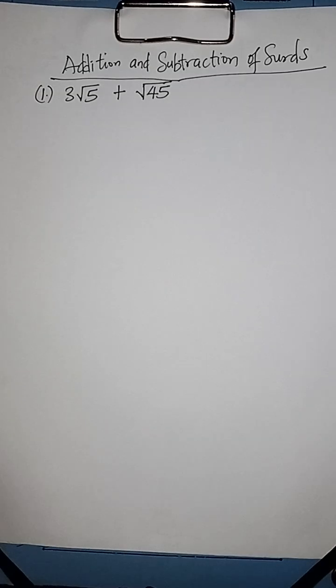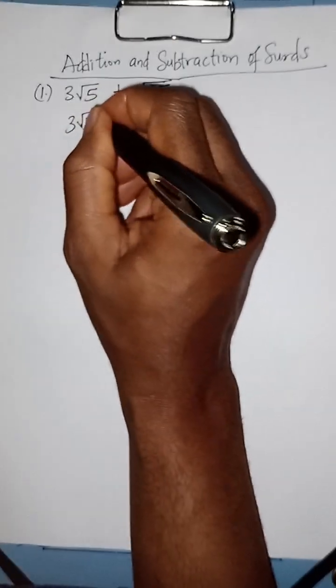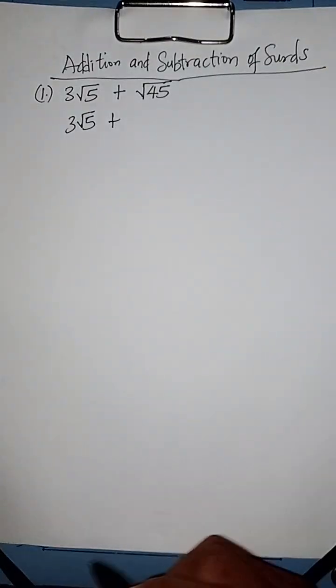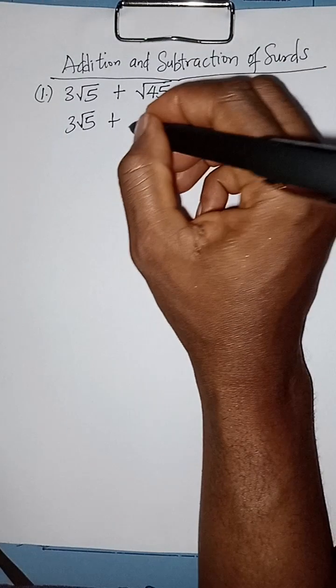Now, let's look at addition and subtraction of surds. Number one question, we have to simplify 3 root 5 plus root 45. Now, how do I solve this question? Again, it's very easy. This is 3 root 5 plus. Now, the square root of 45, you're going to look for two numbers.